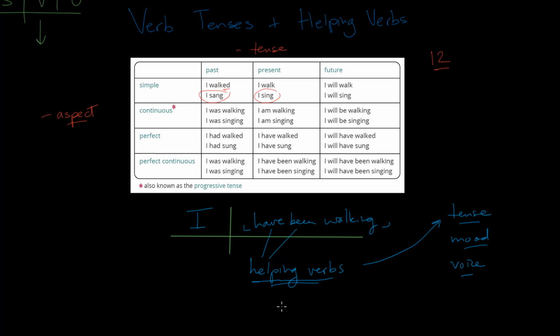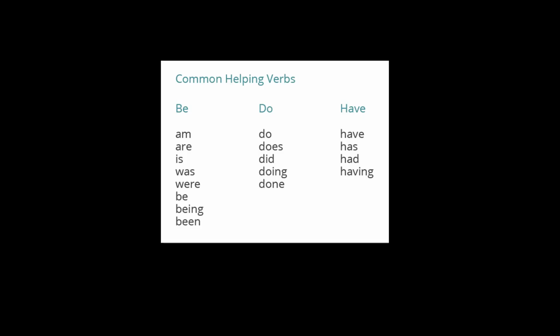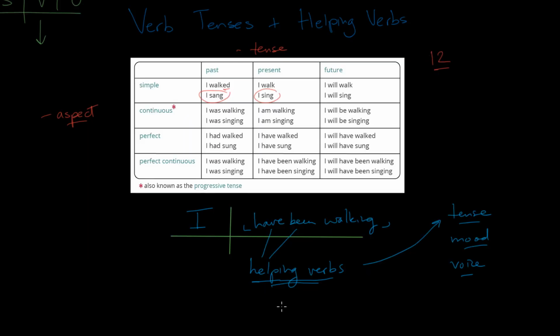There are also some helping verbs that have many different forms, and examples are be, do, and have. We call these helping verbs strongly inflected. You can see that they have quite a few different forms, and it's good to be aware again of the differences.